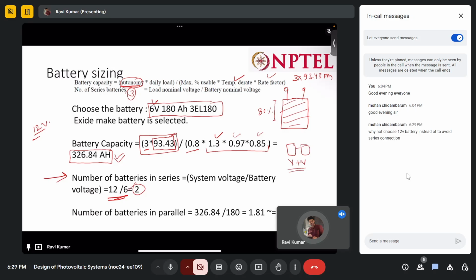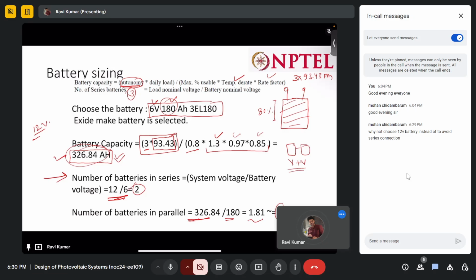Then to identify the batteries required in parallel, you need to divide the total battery capacity which we require by the actual battery capacity which we have. So this is the actual battery capacity we have, and this is what we require. If we do so, we get 1.81, which corresponds to 2.